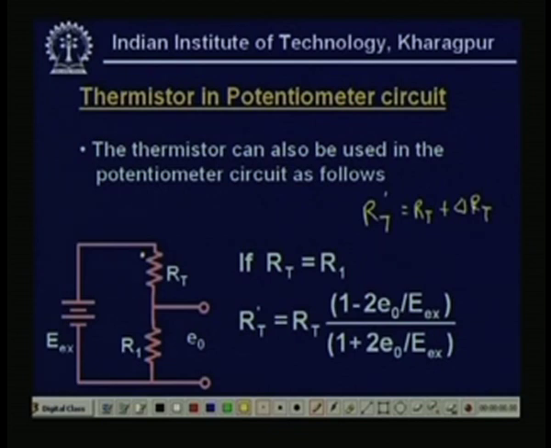Now, interestingly, one common question arises: what will happen if I flip it? That means, if I put RT here and R1 here, if the circuit looks like this, then what will happen? Let me take a white page. Suppose I have an excitation. Let me first erase this one.